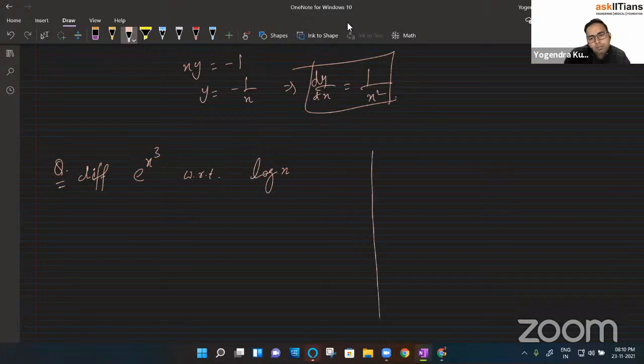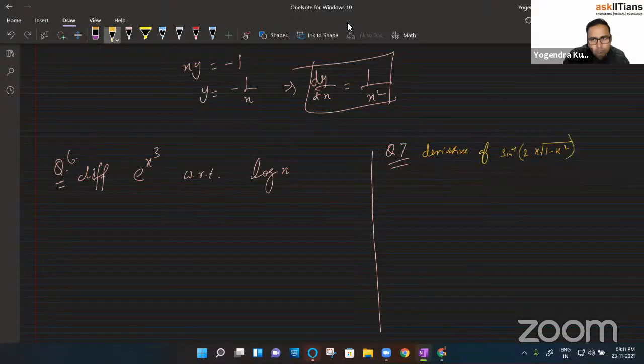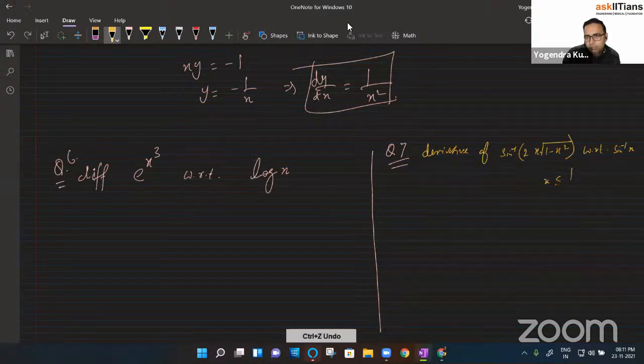Okay, one more nice question. Derivative of sine inverse of this with respect to sine inverse x, where x is less than 1 by root 2.